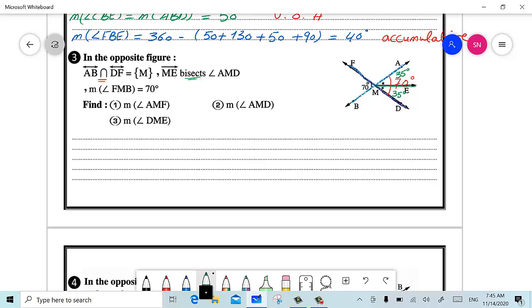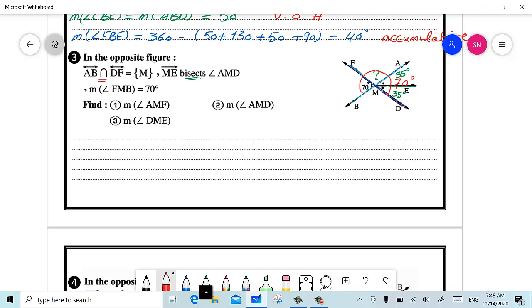And let's go now to see what are the requirements. He would like me to find the angle AMF. AMF, here is this angle he is looking for. It's so easy to find it, right? This angle lies on the same straight line with the 70 degrees because I know that AB is a straight line.